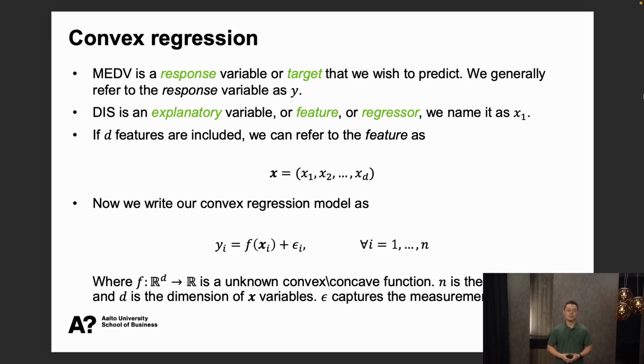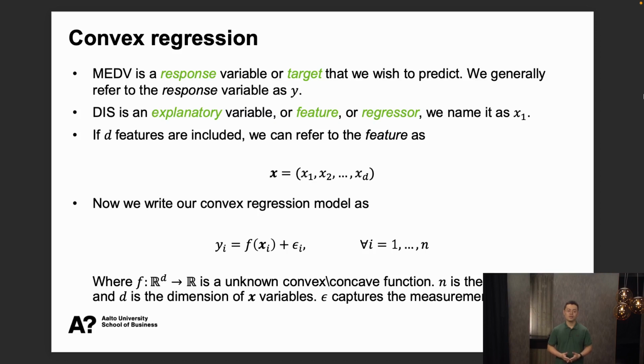We generally refer to this response variable as y, and we use the distance, or DIS, as our explanatory variable, or feature, or regressor, you can call it as you wish. And we name it as x1. If d features are included, we can refer to these features as our vector x, which includes d elements.